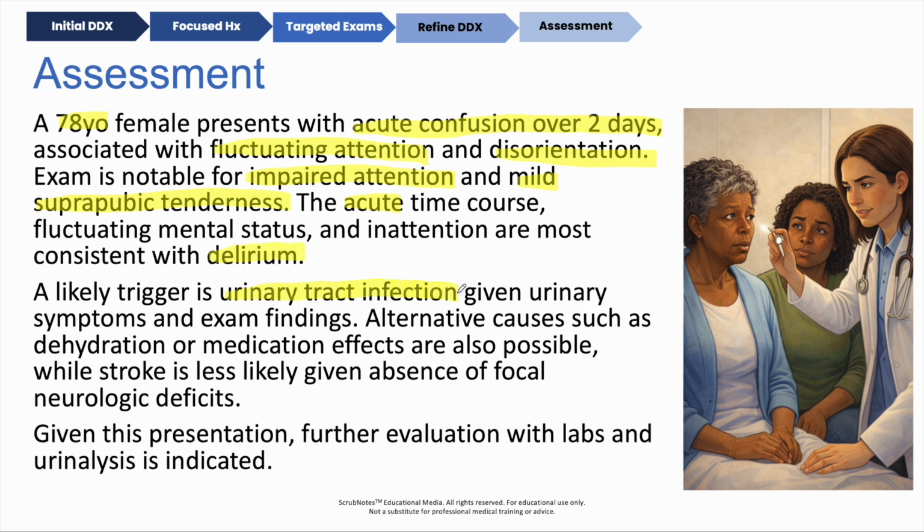A likely trigger is urinary tract infection, given urinary symptoms and exam findings. Alternative causes such as dehydration or medication effects are still also possible, while stroke is less likely given the absence of focal neurodeficits. Given this presentation, further evaluation is warranted with labs and a UA is indicated.